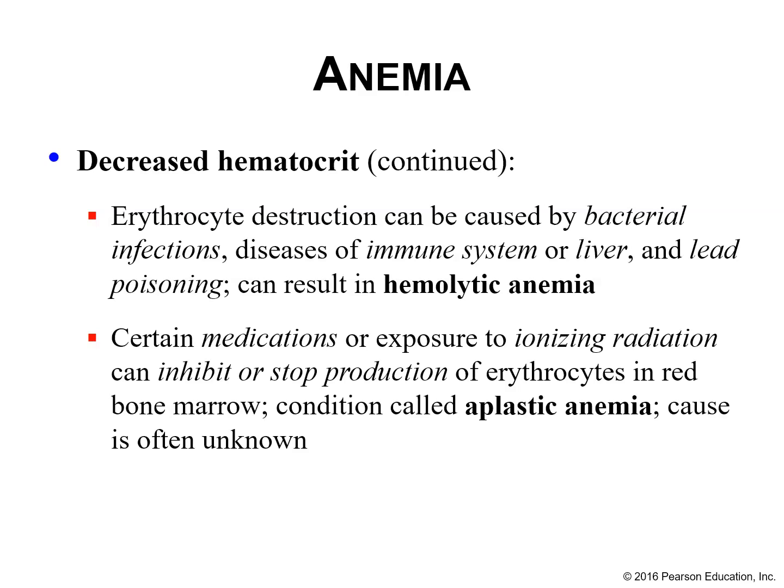You also have certain medications that can cause the hematocrit to fall, like ionizing radiation, and these all can inhibit or stop production of red blood cells in your red bone marrow. This condition is referred to as aplastic anemia, and the cause of aplastic anemia is often not really even known.